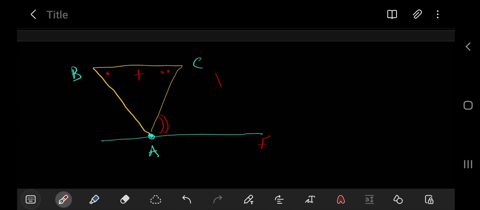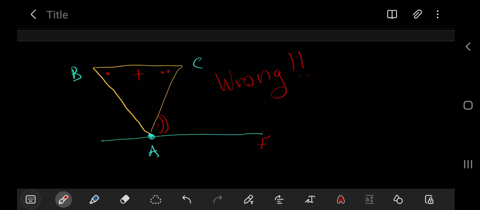okay? And this is wrong, because for you to have an exterior angle, one side must be produced to a certain point. It means there must be a continuation of a side, okay? So you can see that AF is not a continuation of any side in the triangle, right?